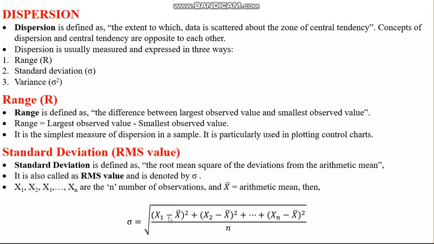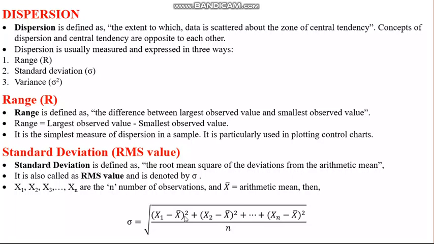It is not only the difference but the difference squared. So it is the root mean square of the deviations from the arithmetic mean. That is the standard deviation.